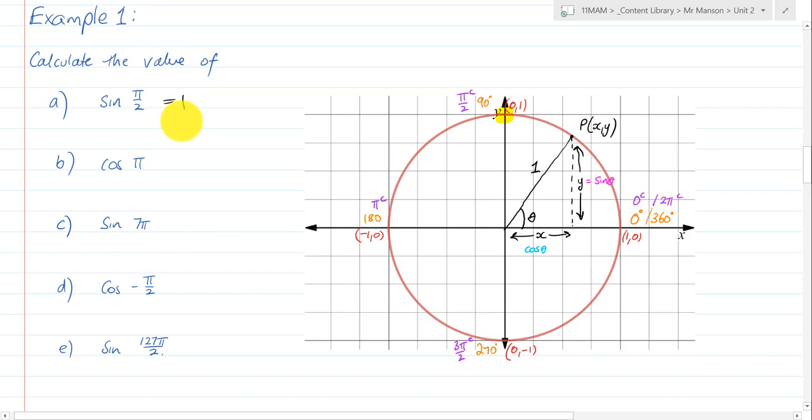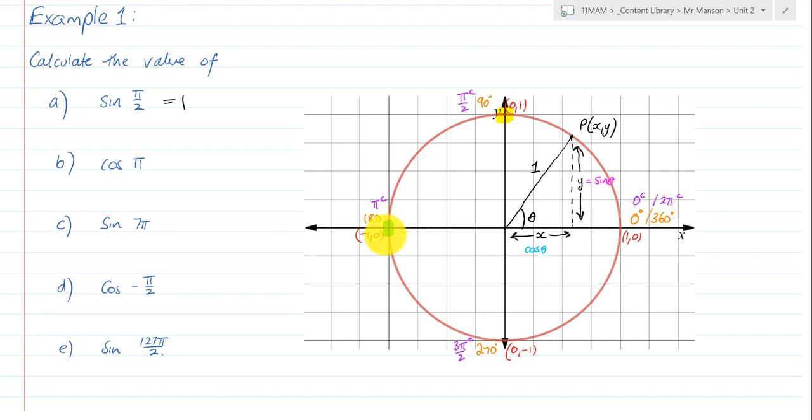What about cos of pi? Can somebody describe to me where pi is on this circle? Yeah, the left side, the furthest left point on this circle. There's pi over here. You'll notice all these questions are only to do with these critical points around the side that meet the axes at the moment. We'll extend that in a minute. Over here, remember cos is the x displacement of the triangle or the point PXY.